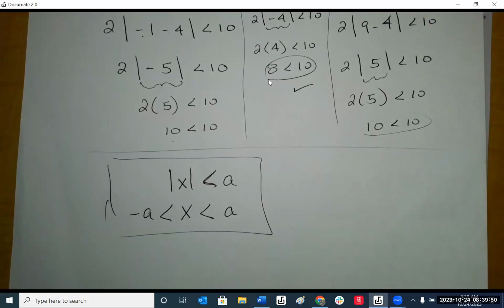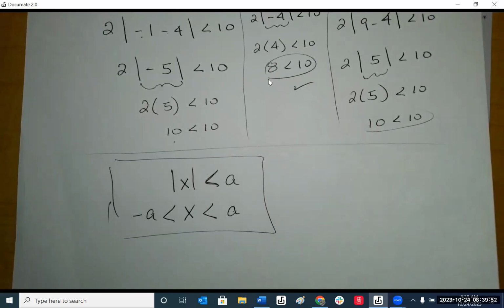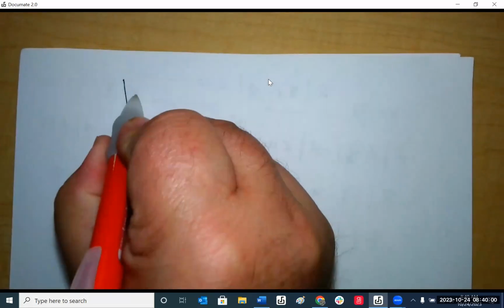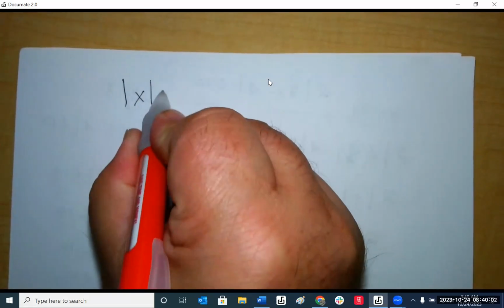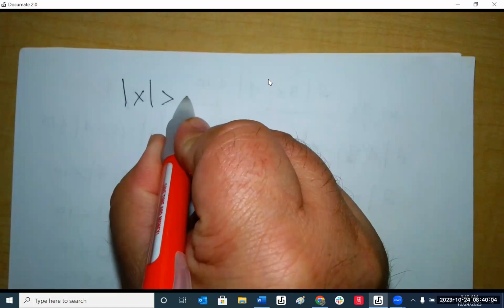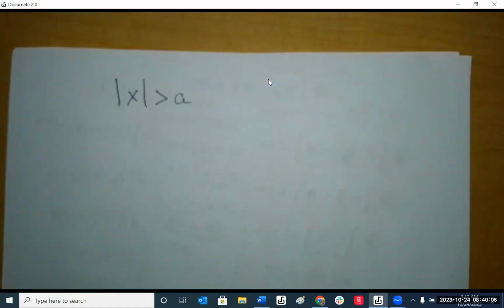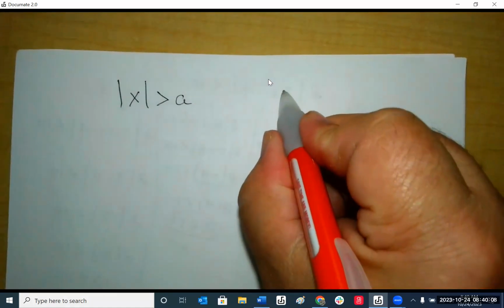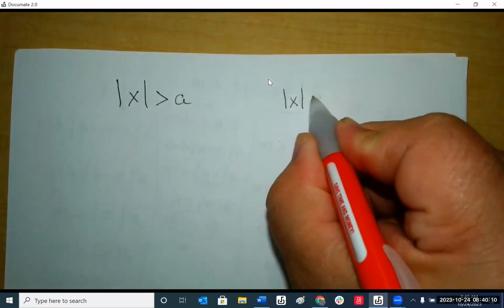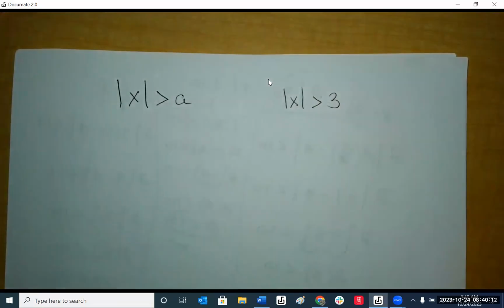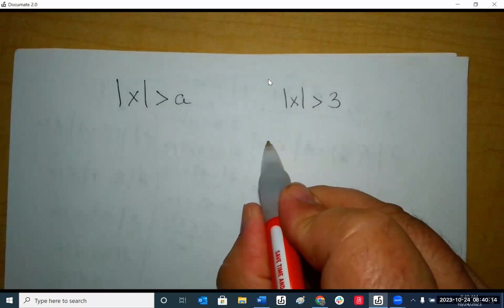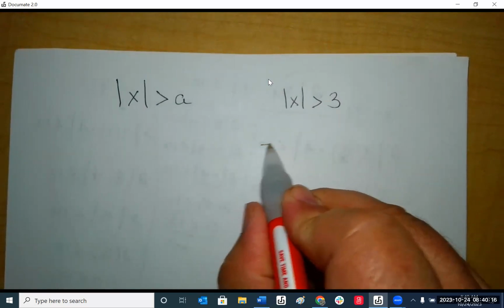Let's try greater than now. If we had absolute value of x is greater than 3, what would that look like graphically?